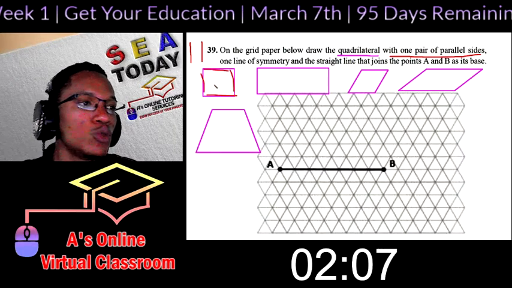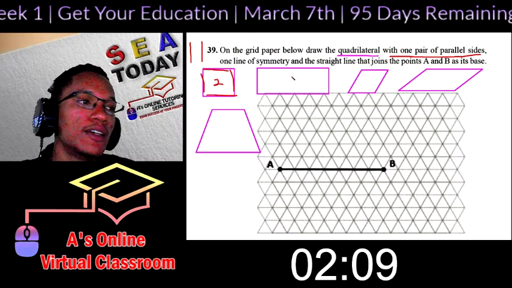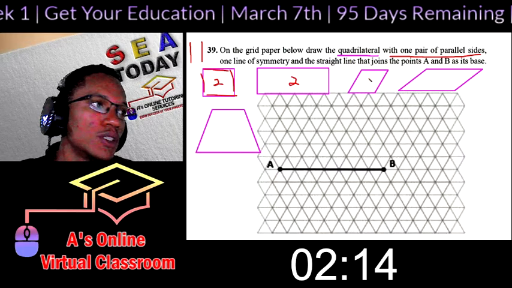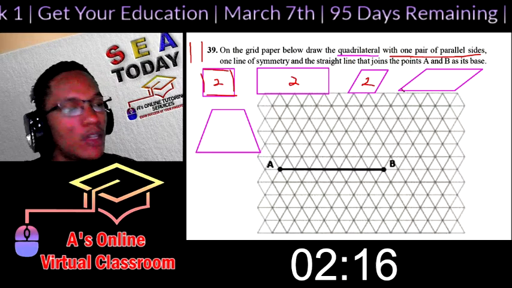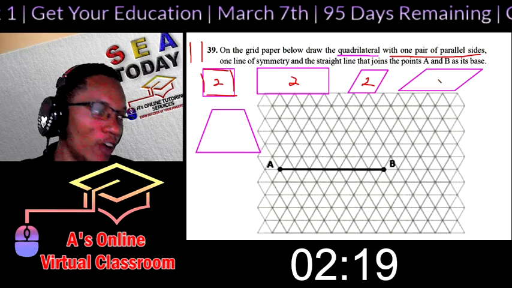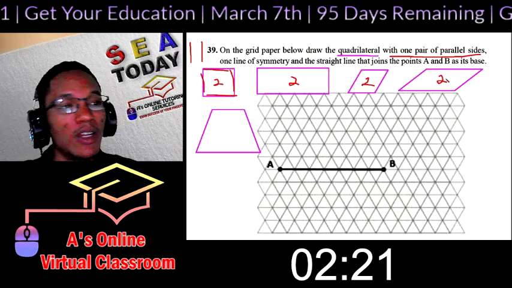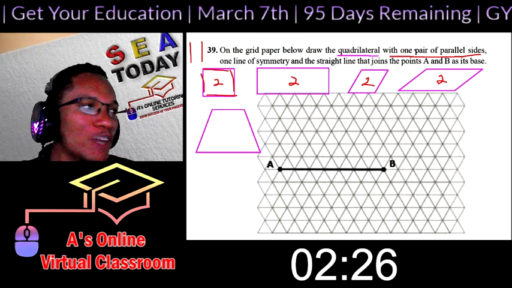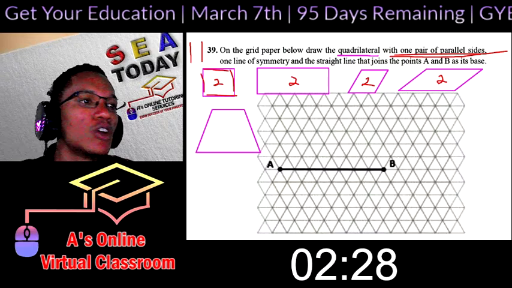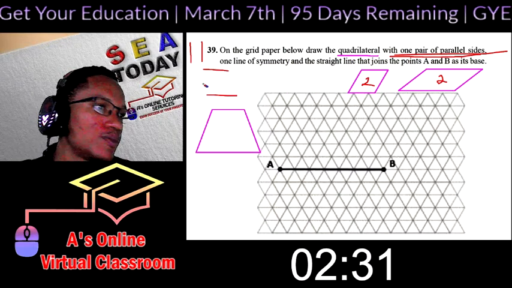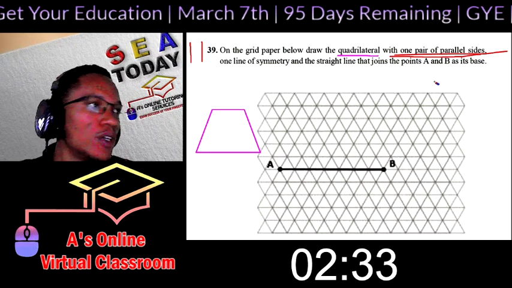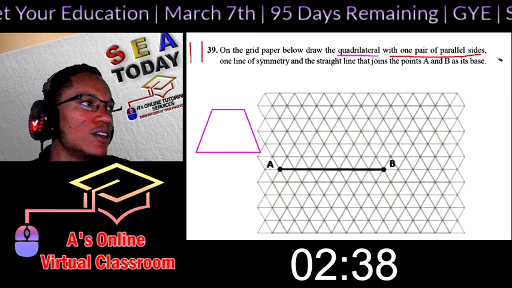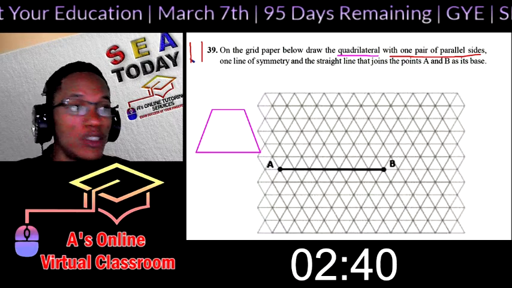The square has 2, same thing in the rectangle, it has 2 pairs of parallel lines, same thing in the rhombus, and the parallelogram has 2 as well. So immediately that first hint takes out all of these, because none of them have one pair of parallel lines. Alright, so this is the only option we have.